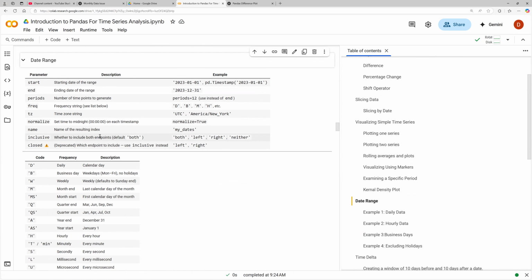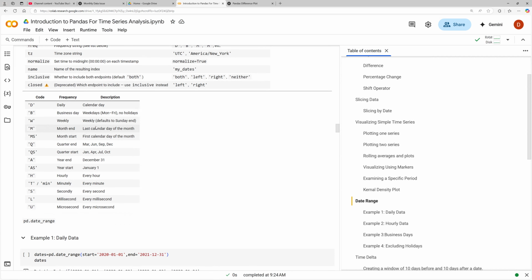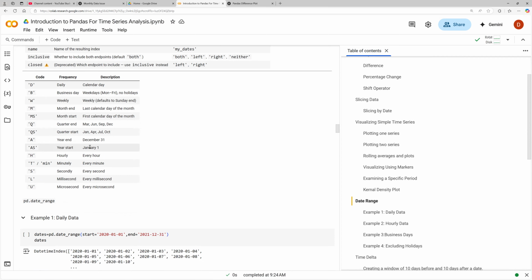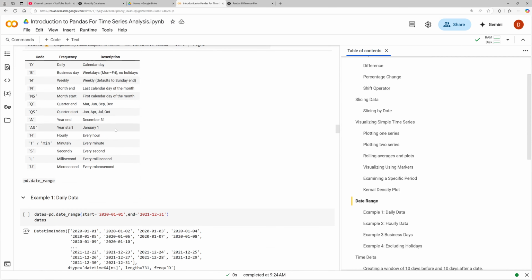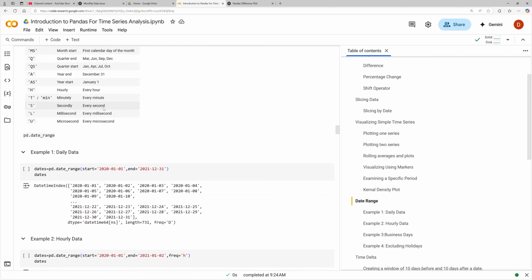And then there are the calendar days where we've got daily, business days, Mondays, Fridays, no holidays, weekly, month end, month start, quarter, year end, year start. So there's a lot of parameters that you could use for specifying your date range.